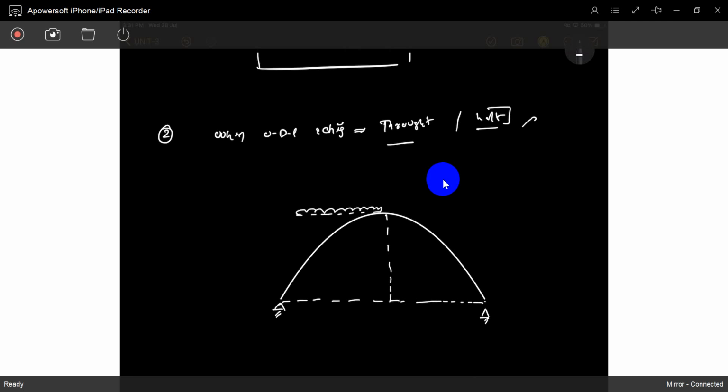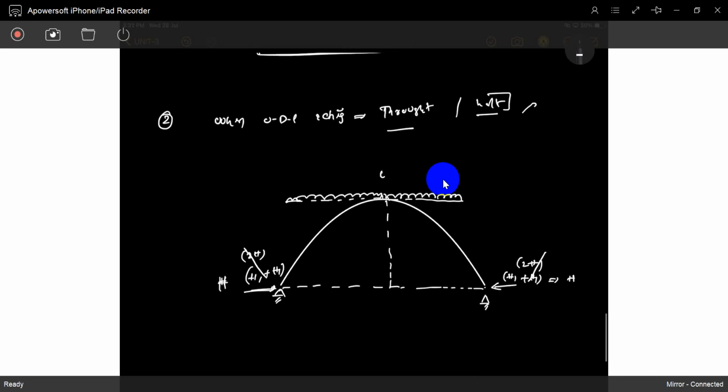If half of the span is acting, it will give H1, same intensity. If the other half on the right side is also acting, it will give H1 again. It is 2H1, that is what I call H. So if half of the span is acting, you can just divide the H value and you will get the horizontal thrust. No need of the total, we will directly use the H value.